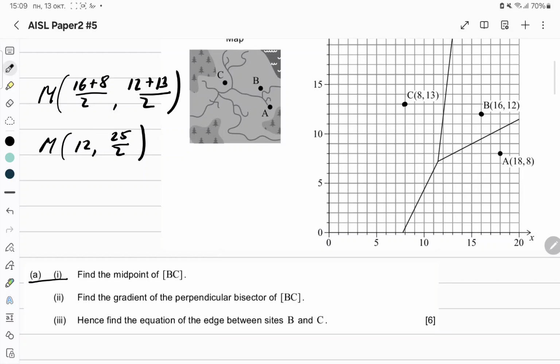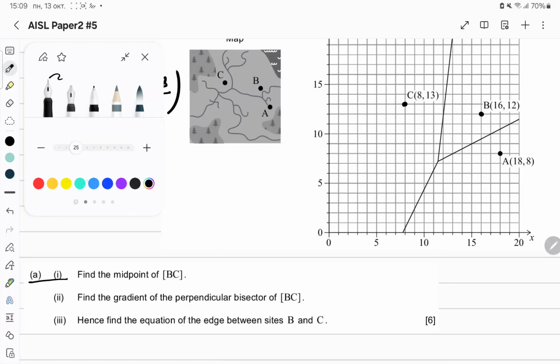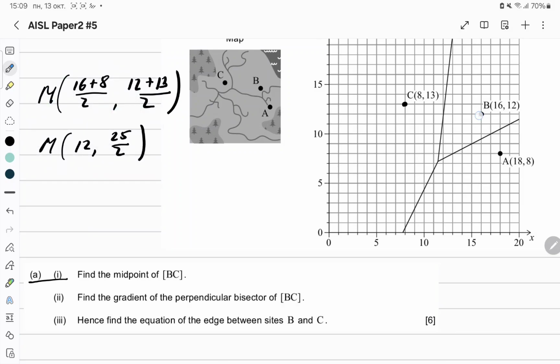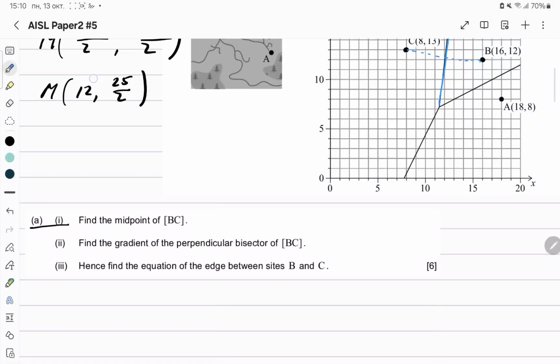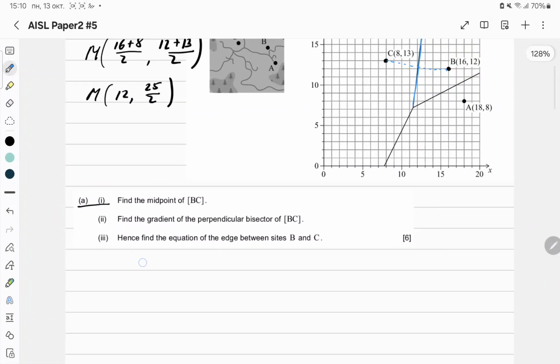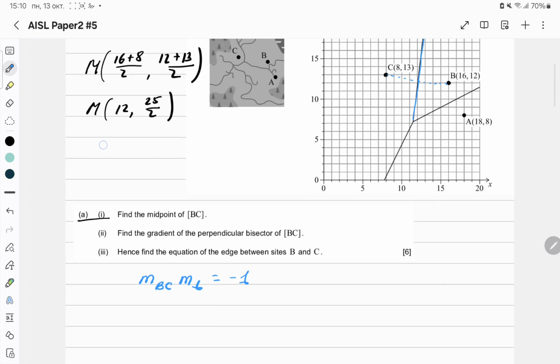Now A2, find the gradient of the perpendicular bisector of BC. So we have BC, this is our BC, and this is the perpendicular bisector. It's actually this line. To find the perpendicular bisector, we can use the fact that the slope of BC multiplied by the slope of the perpendicular line equals -1. Now we can find the slope of BC since we have the coordinates.